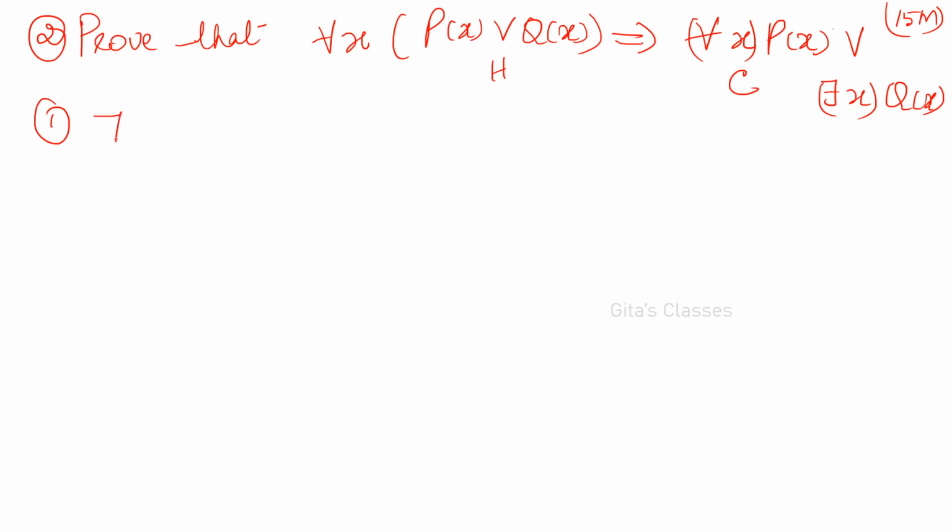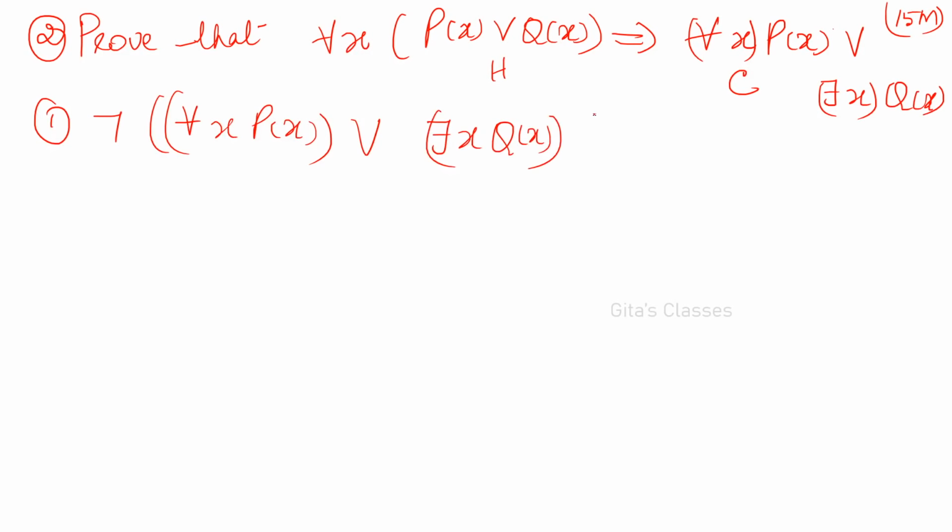So negation of for all x, p of x or there exists x, q of x. I am introducing this actually by rule P, but this is not the given premise, so it is an additional premise.